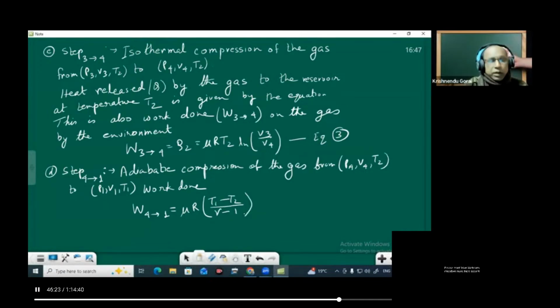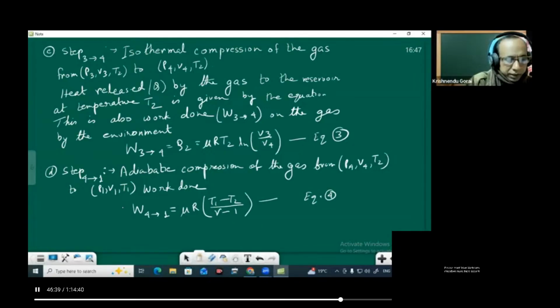Now you have to add all the work done. If you add all the work done, there are 4 work done: this is 1, 2, 3, and this is equation 4.